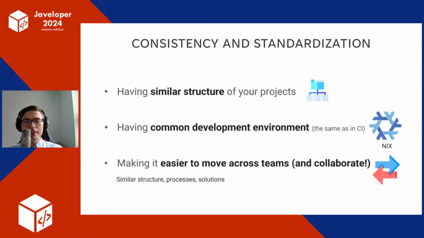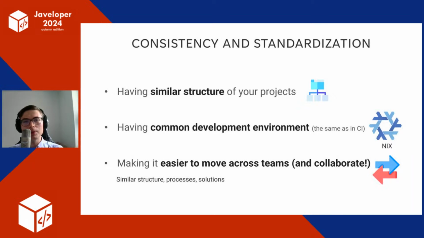The next advantage is that we can define a common development environment for everyone in the monorepo and have it the same as in CI/CD. We use Nix for that purpose. It allows you to create reproducible builds and reproducible environments.